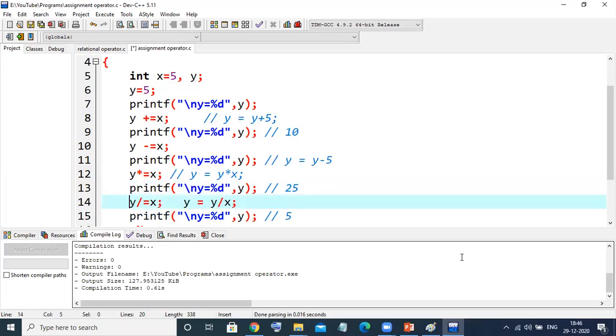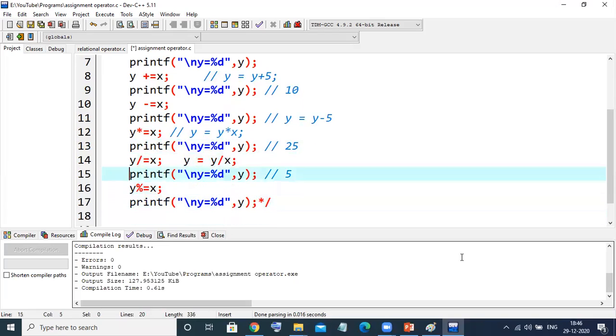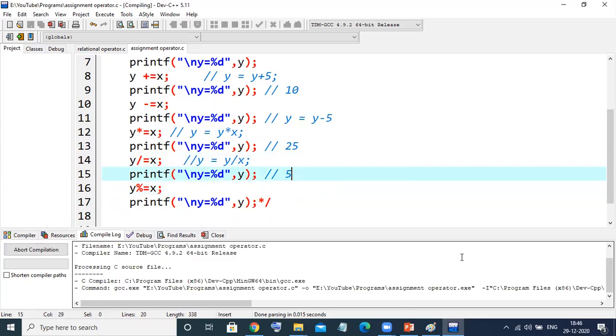Then I am taking this one, y is equals to y divided by x equals to. Oh, sorry. Basically, here we have not used the comment. I hope you're getting it. Because of that, it's making a mistake. Now it is going to give the proper answer, right? It should be 5.